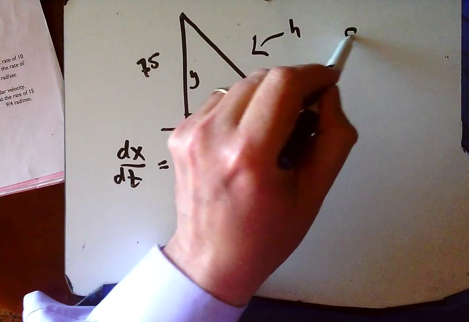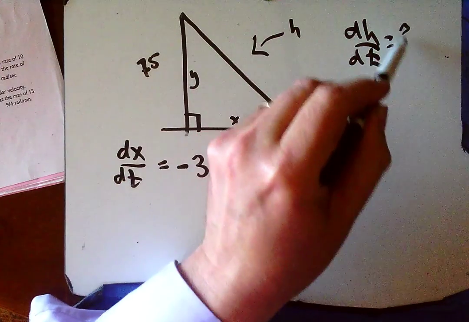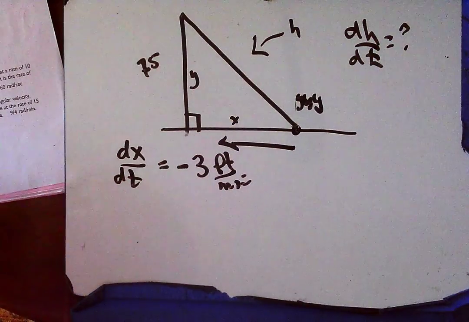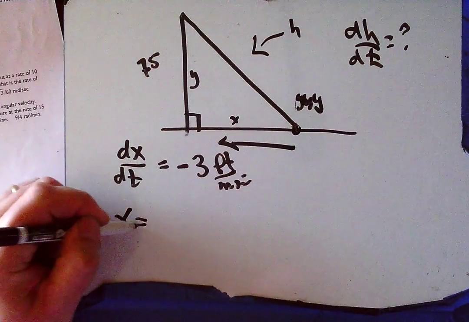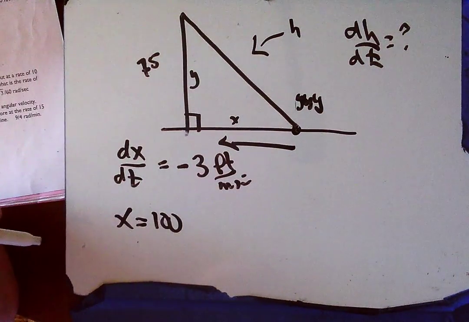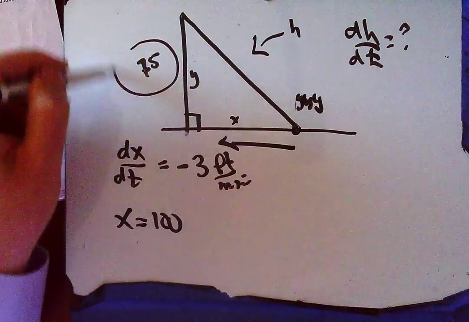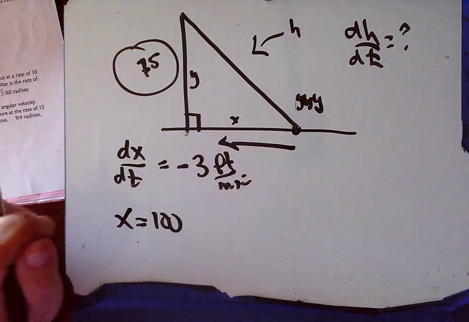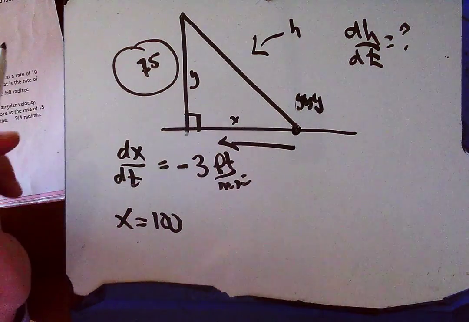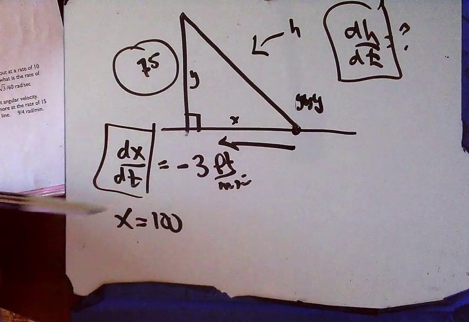So that says find dh dt when he is 100 feet away from the pole. So x equals 100. All right, do we have anything else? Oh, it's a 75-foot pole. That's a constant. Okay. What do you think? What can we do here? What do we need to do? I'm looking for dh dt. I've got dx dt.